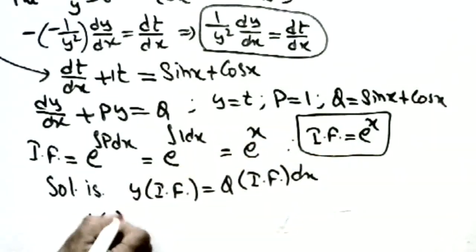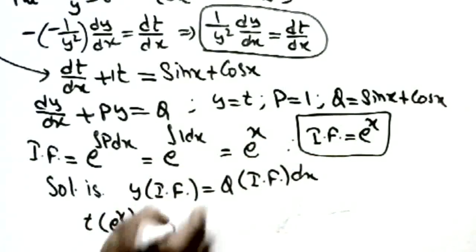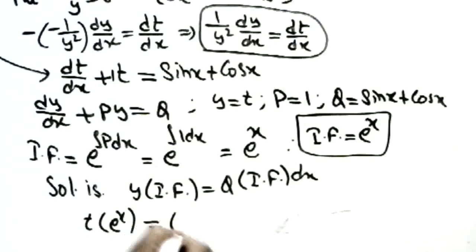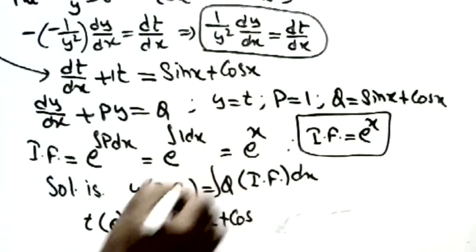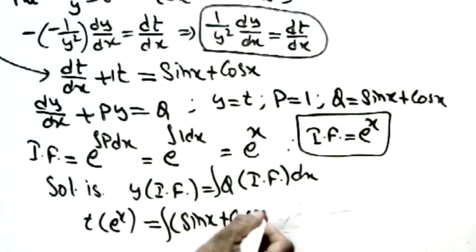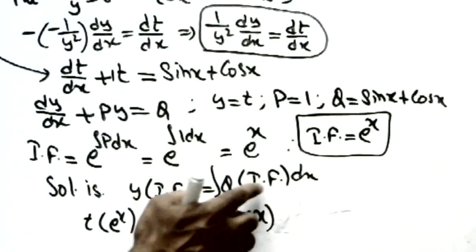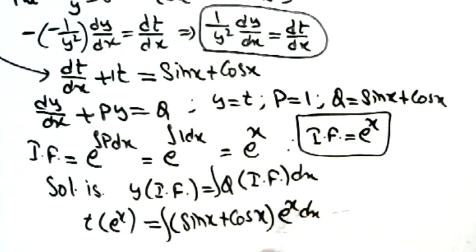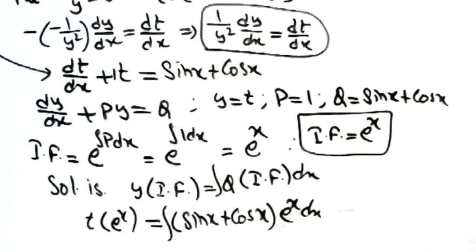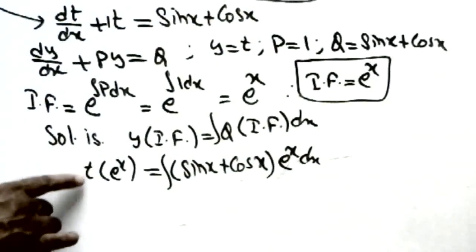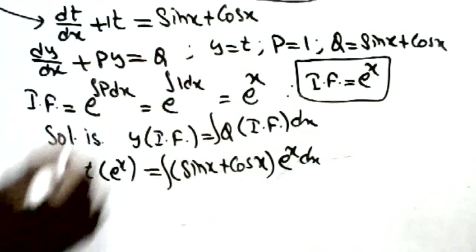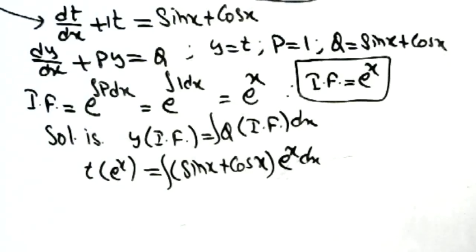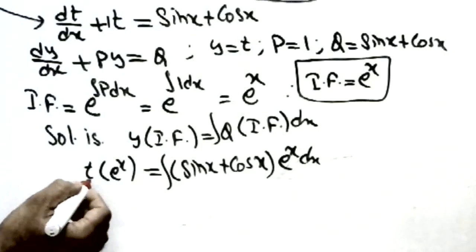So we write t into the integrating factor, which is e power x, equals integration of q, where the value of q is sin x plus cos x, into the integrating factor e power x dx. Let me separate these two, we'll get the formulas. Now let me change this t. In place of t, we are having y.